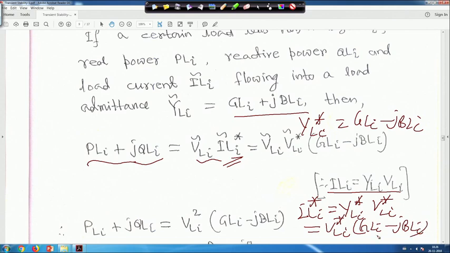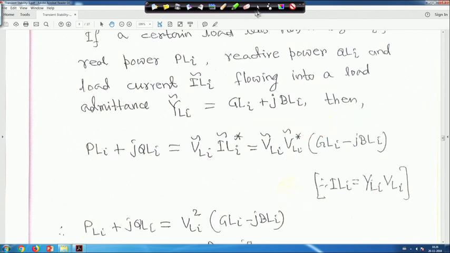So, that is why this I_LI conjugate is actually V_LI conjugate into G_LI minus jB_LI, and here it is written I_LI is equal to Y_LI V_LI, right. So, I_LI conjugate is this one. Therefore, V_LI tilde into V_LI conjugate will be simply V_LI square, because it is magnitude, right.